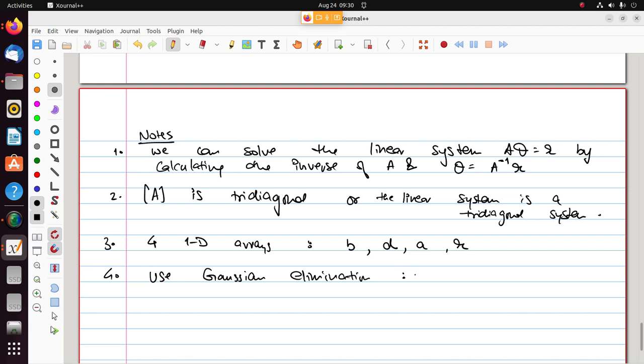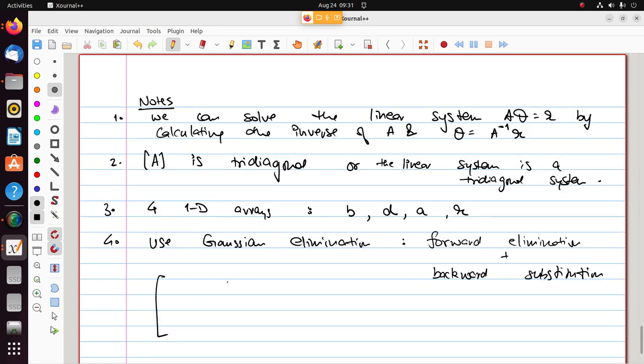So Gaussian elimination has two steps. One is called forward elimination, and then you have backward substitution. The forward elimination is where you convert it to an upper triangular matrix, and backward substitution is where you start evaluating the values of theta going from the last equation to the first equation.